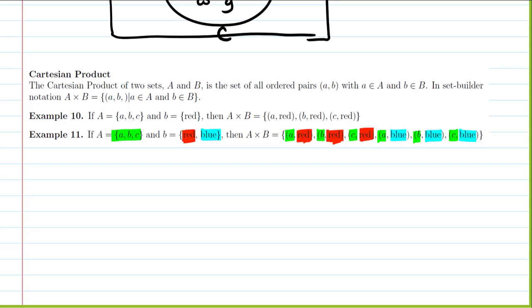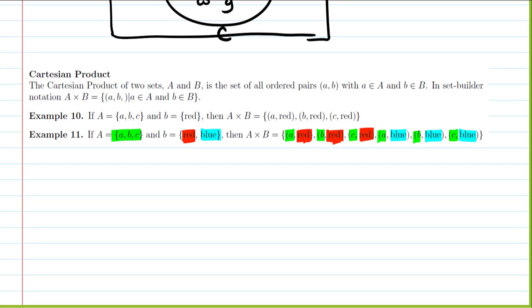So it's the set of all possible ordered pairs where the first coordinate comes from the first set and the second coordinate comes from the second set. And you would have to do that for everything in the space.